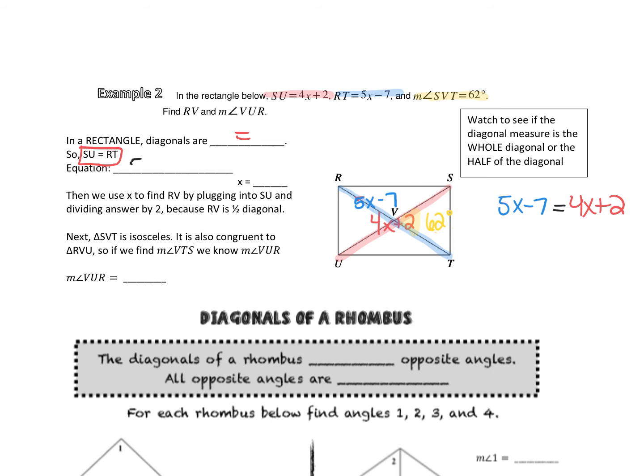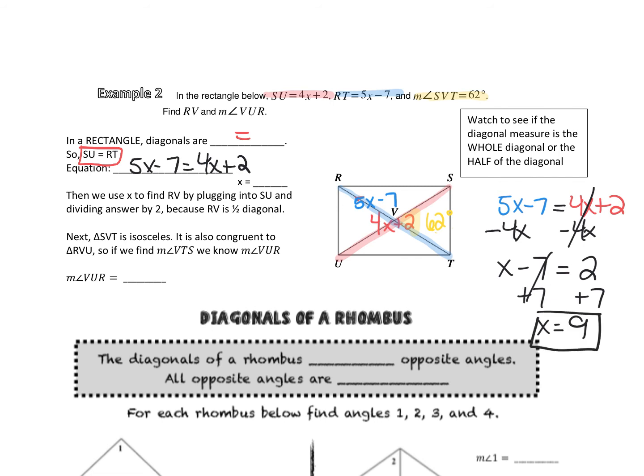So I'm going to subtract 4x from both sides. 5x minus 4x is just 1x, which we can just call x. We still have a minus 7 equals a positive 2. And then I'm going to add 7 to both sides. So x is 9. So the value for x is 9.